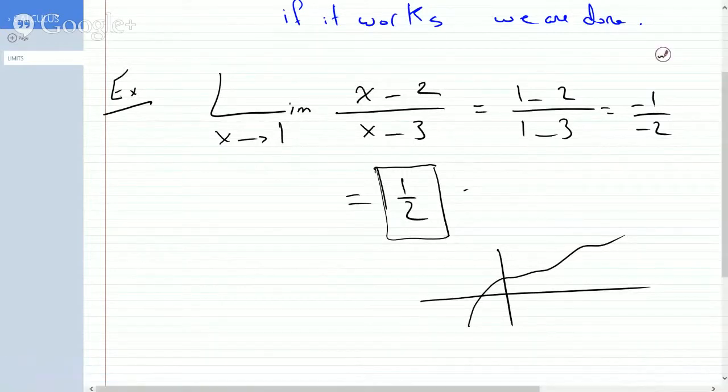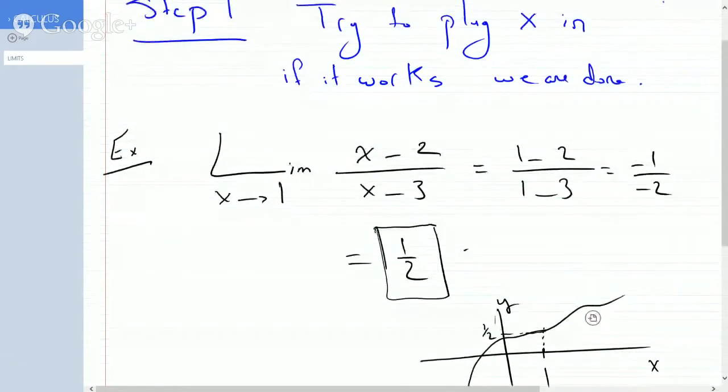When x goes to 1, so let's say 1 is here, the y gets closer to half. That's what it means. This is the x-axis, this is the y-axis. Okay, so that's step 1.